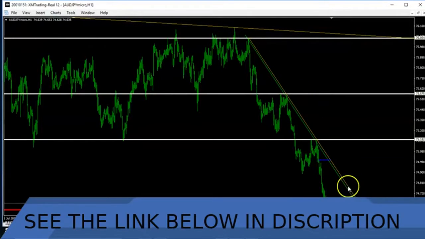So what effort that we have right now, that doesn't matter, because the trend line is going down.